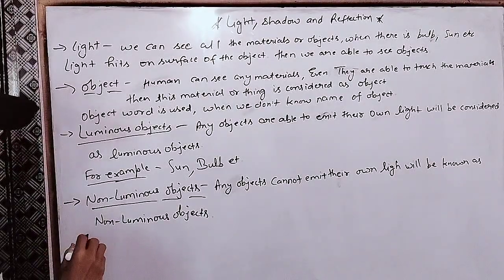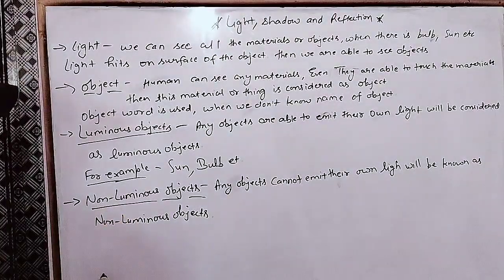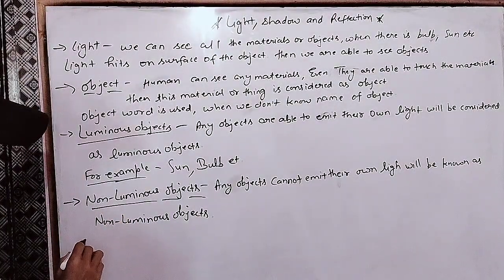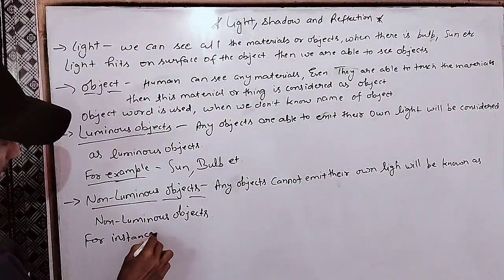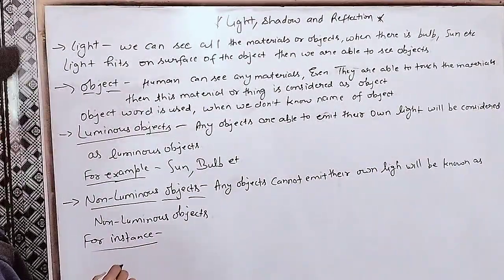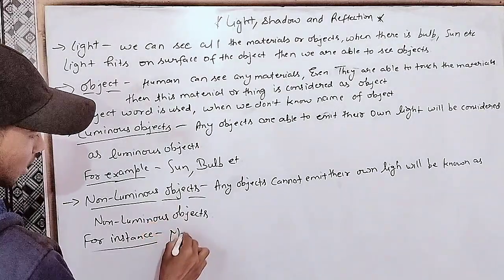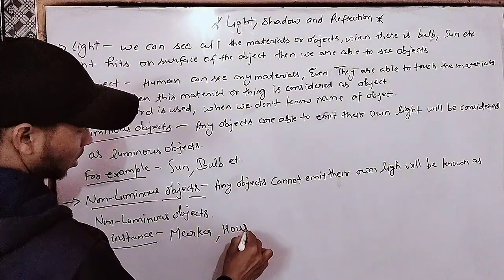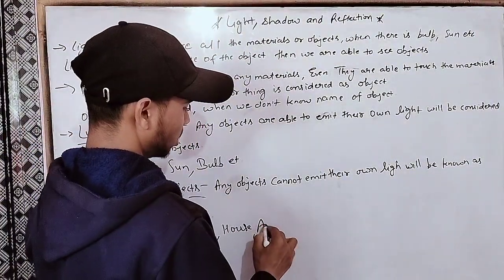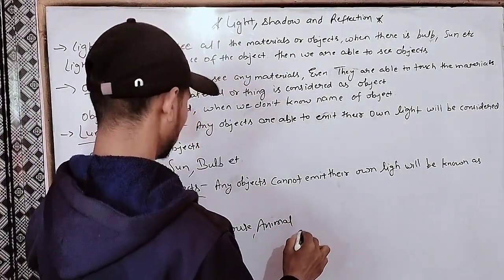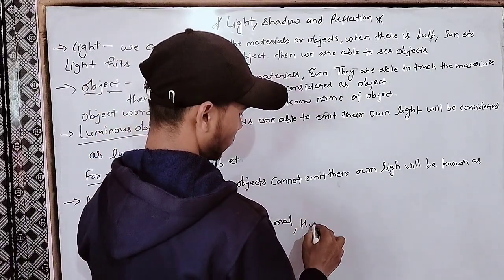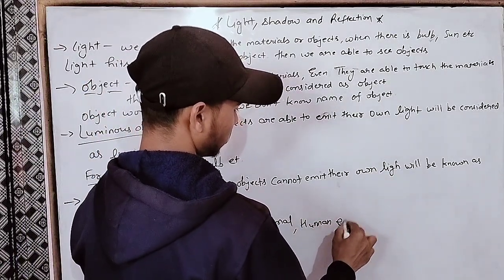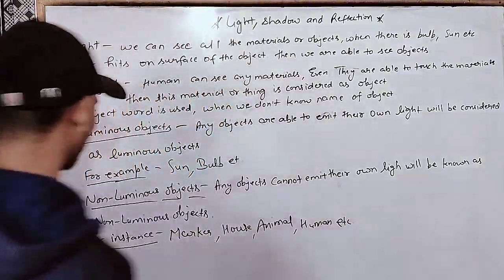Did you understand the meaning of it? Examples of non-luminous objects would be, for instance, this marker, house, animal, even woman, and so on.